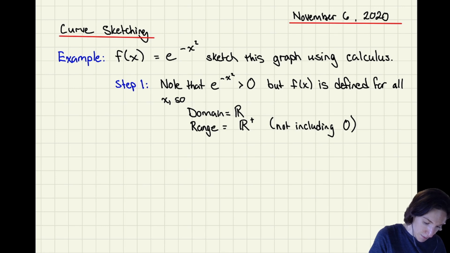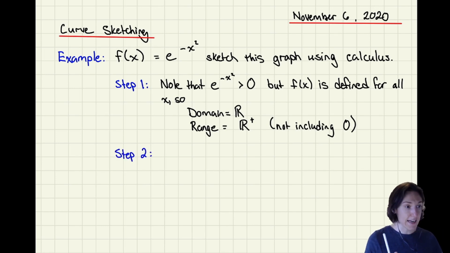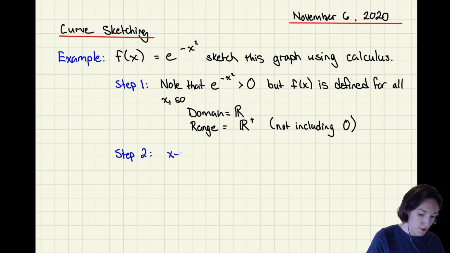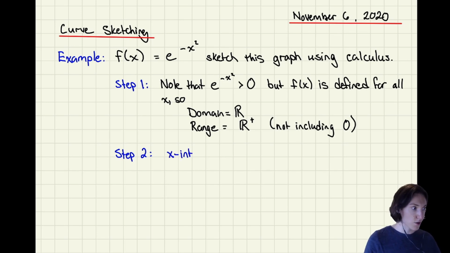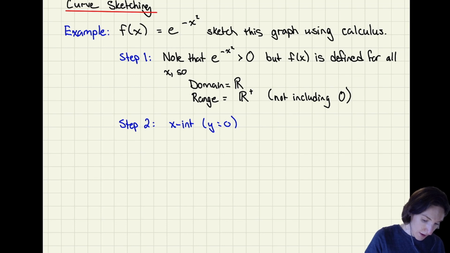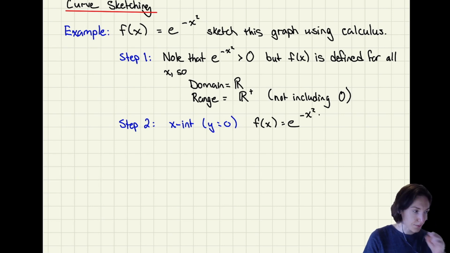The next step is we want to look at intercepts. We want to look at x-intercepts, and then we also want to look at y-intercepts. The x-intercept is when y is equal to 0. So we have f of x is equal to e to the negative x squared, and we want y equal to 0.